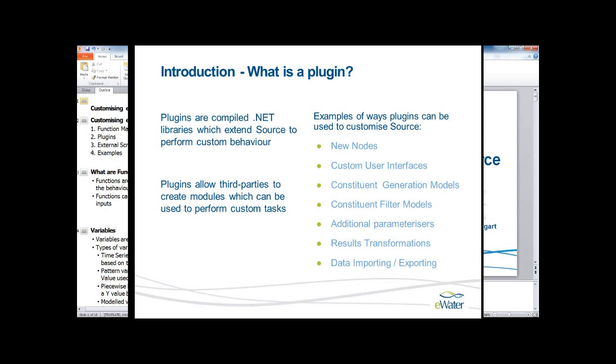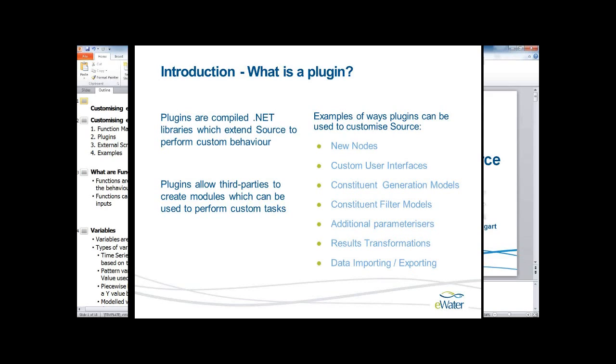You can build custom user interfaces that can automate some manual processes if you have some processes that the user interface at the moment isn't customized for, or bringing in custom data sets, such as parameterizing your model based on data that you have for your model.